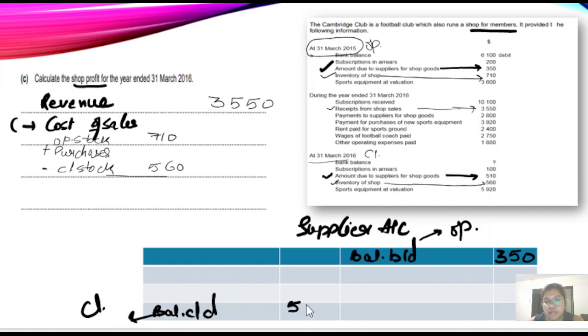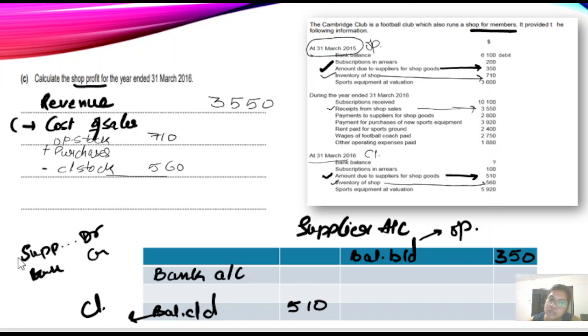is 510. Any amount you paid to the supplier, you have to record it this side, because if you remember the general entry, if you paid something to the supplier, your entry would be supplier debit and bank credit.